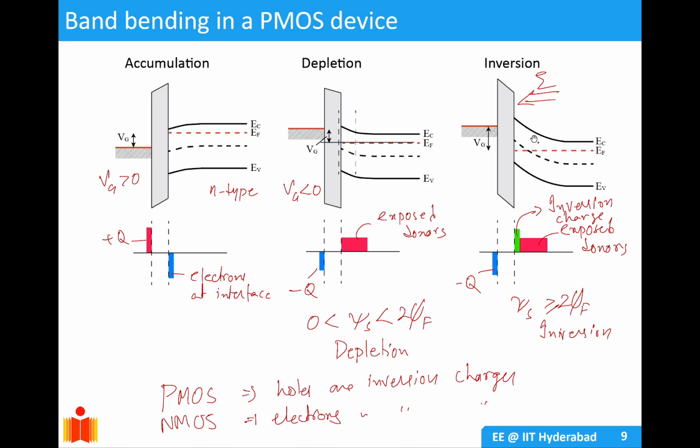So this is an energy band diagram. In an energy band diagram, if you are applying a positive bias, your metal level goes below the Fermi level, and if you apply a negative bias, it goes above the Fermi level. So if it is above the Fermi level, you have applied a negative bias, and if it is below the Fermi level, you have applied a positive bias.